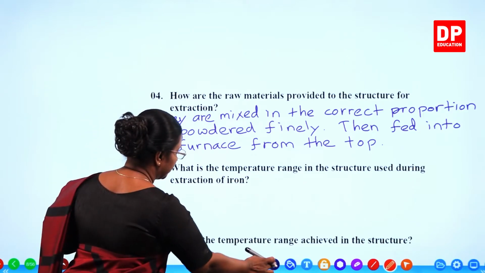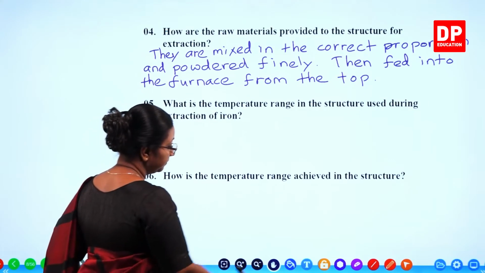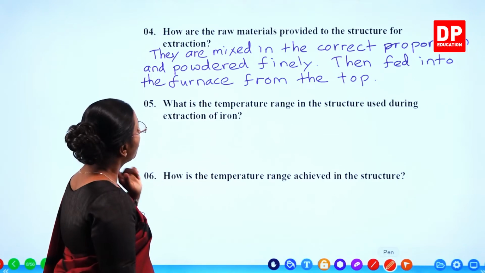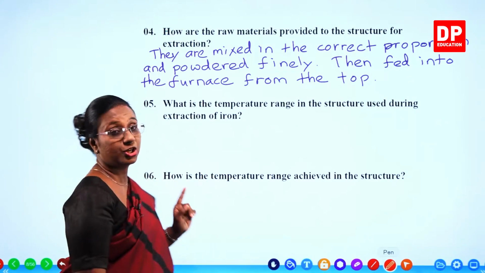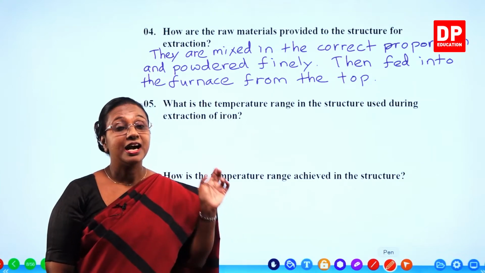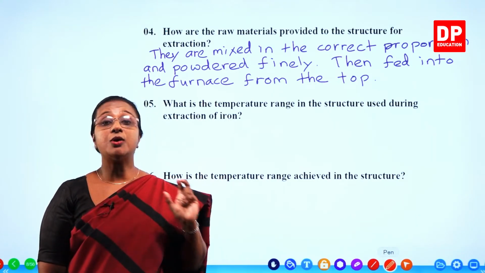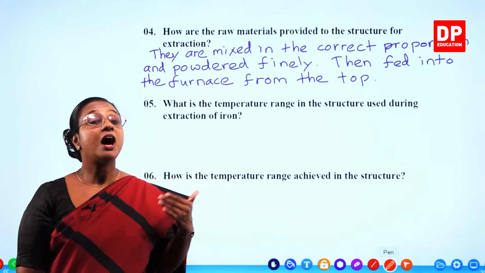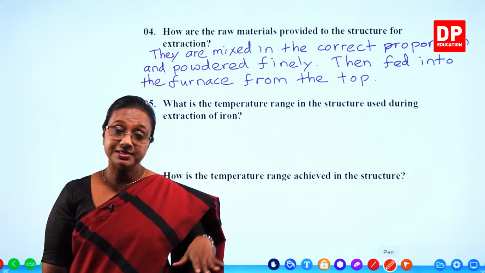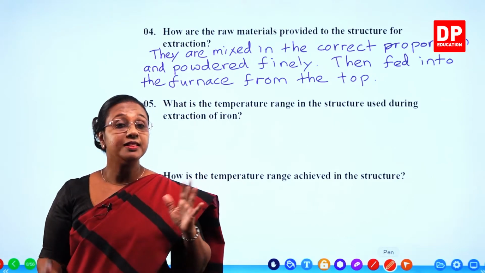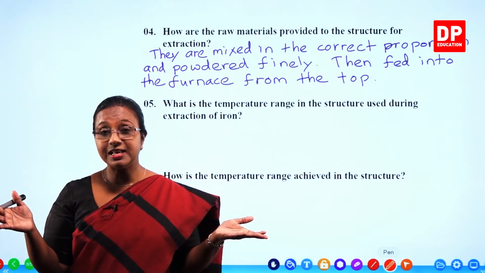Then the fifth part of the question: what is the temperature range in the structure used during extraction of iron? It is 1000 degrees Celsius to 1900 degrees Celsius. How is it obtained? The hot air blast sent from the bottom is about 650 degrees Celsius.